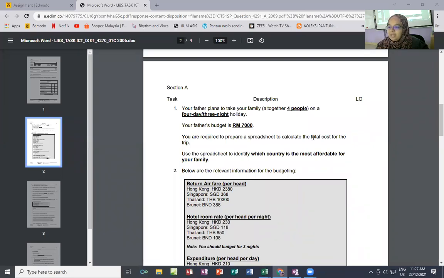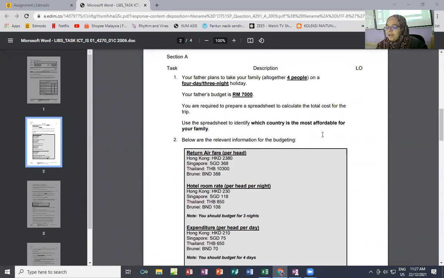How many are going for the holiday? 4 people are going for how many days and how many nights? What is your father's budget? What does your father want to know? Which country is the most affordable for your family?